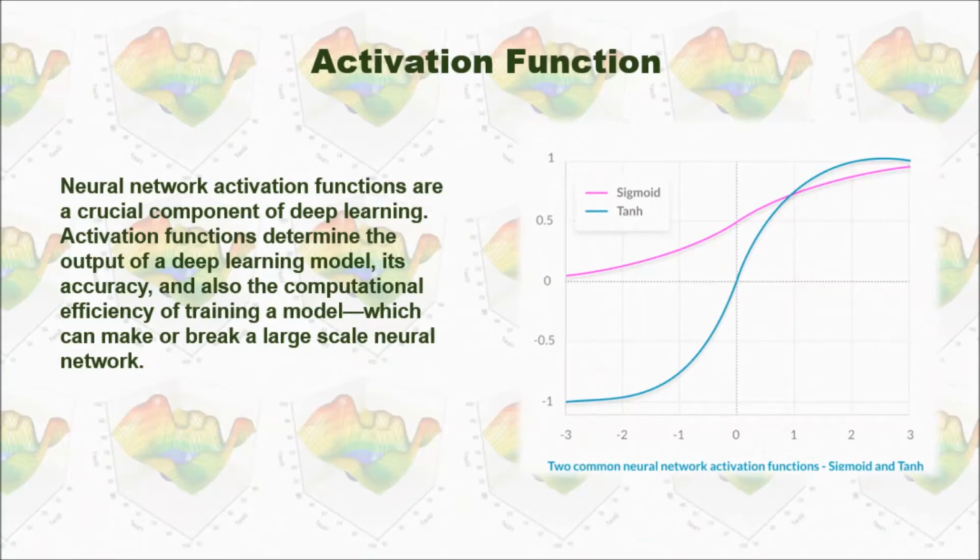What is the activation function? Activation function is like a switch, but it is not a binary. It's not 0 or 1. There are many activation functions. Now I will show you two popular activation functions. One is called sigmoid.